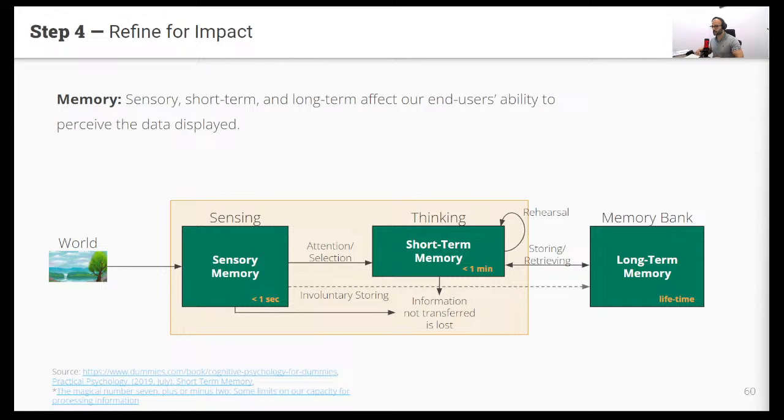And this is important to know because you have less than a minute to grasp or get the user's attention. And when we even put the seven plus or minus two magic number theory on top of the short-term memory, it becomes even more difficult.